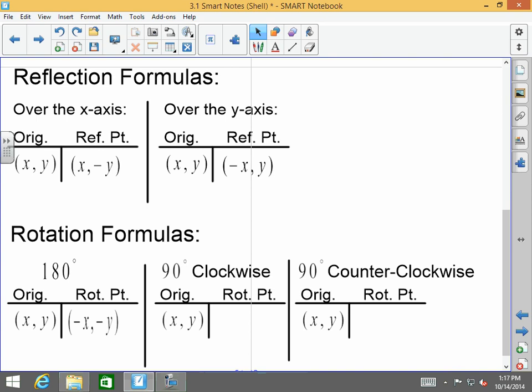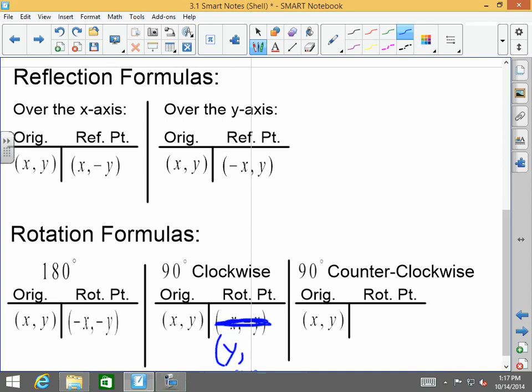If I have a 90-degree clockwise rotation, my original point is xy, my rotation point will be, oh, boo, that's wrong. Who made this? This is horrible. Sorry, guys. It will be y comma negative x.